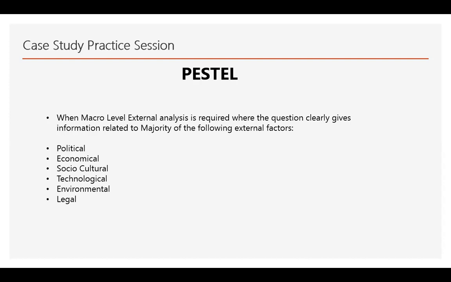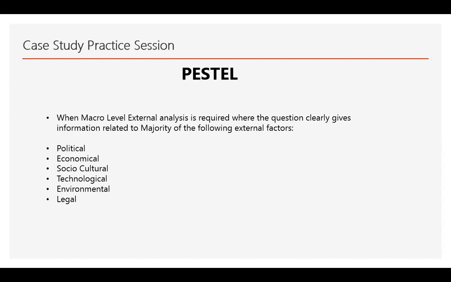So how will you get an idea that this model is going to be used? The first is when you are required to analyze the macro level environment of any organization, and the case study will clearly give you information about a majority of these 6 factors.